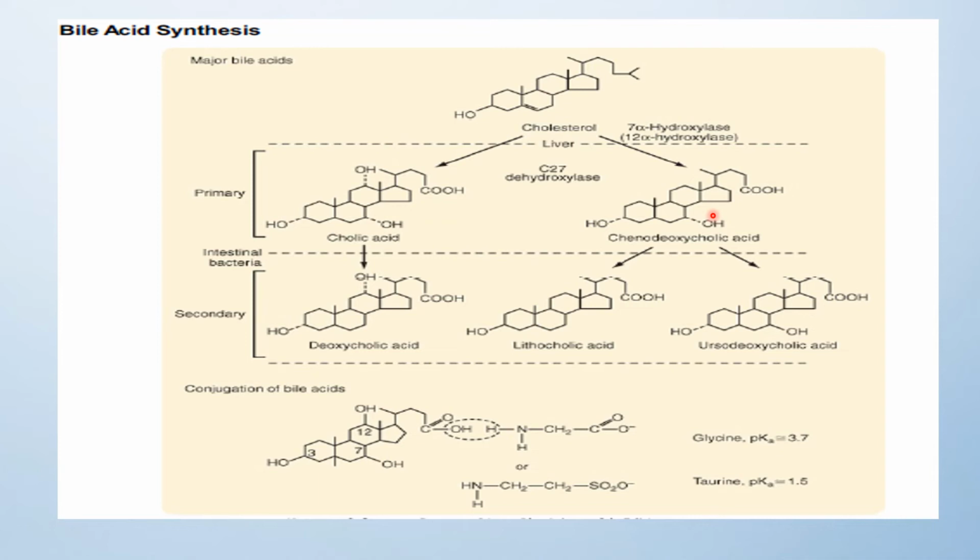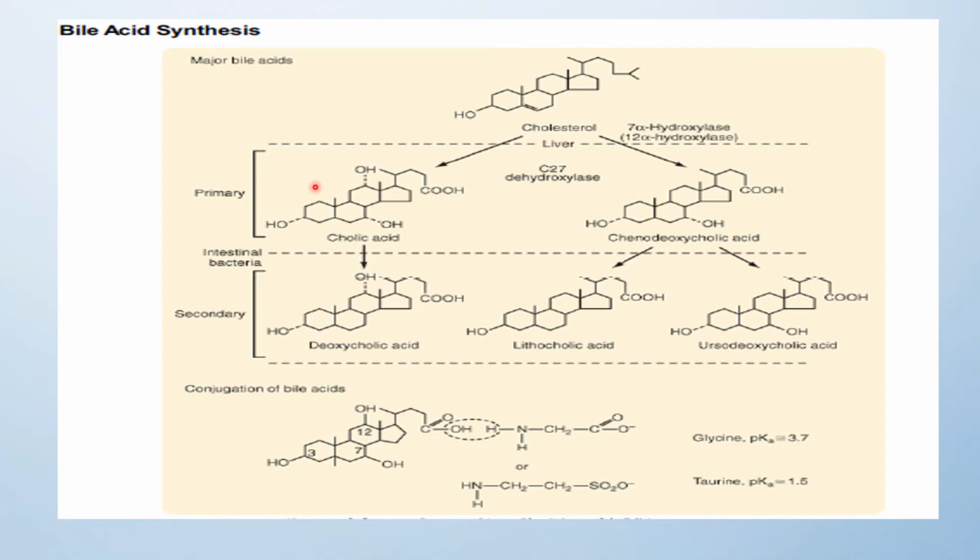Later on, this will be further hydroxylated by C27 hydroxylase to produce cholic acid, which is a trihydroxy bile acid. Okay. Your chenodeoxycholic acid and your cholic acid are primary bile acids.